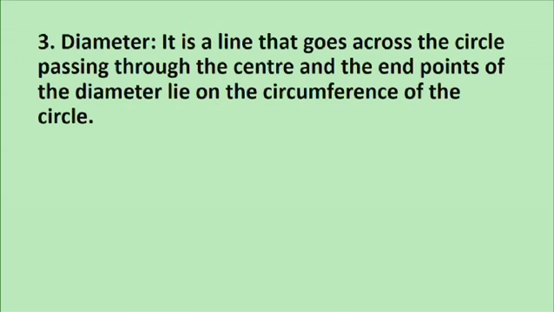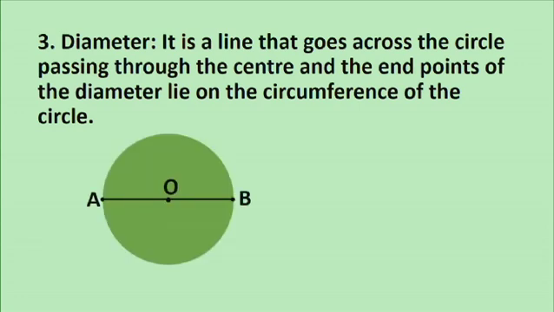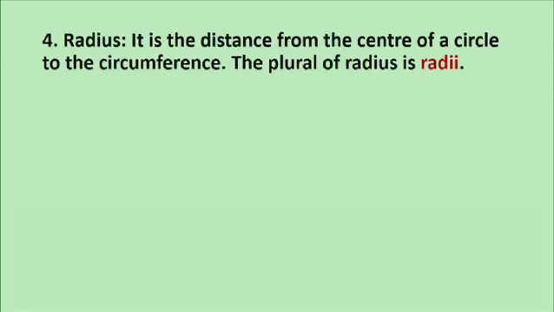The diameter. It is a line that goes across the circle passing through the center, and the endpoints of the diameter lie on the circumference of the circle. This line here represents the diameter with endpoints A and B, and it is passing through the center O. This is the diameter. The radius. It is the distance from the center of a circle to the circumference.